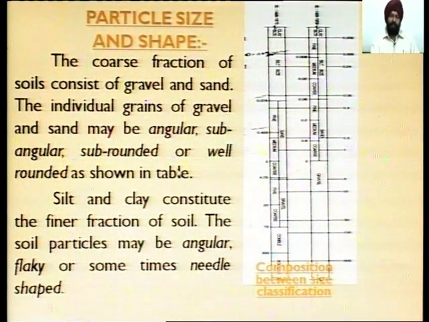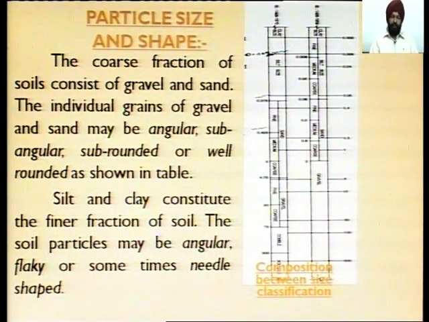So, the coarser fraction of soil consists of gravel and sand. Gravel, boulders and cobbles are larger in size than the coarser fraction. The gravel, from 75 mm to 4.75 mm, is of two types: coarse and fine.